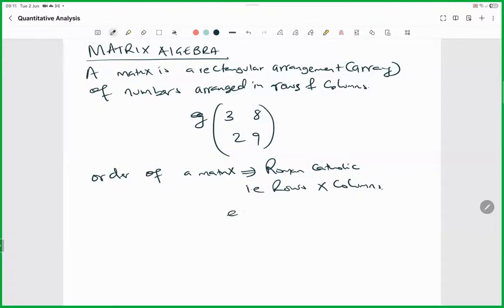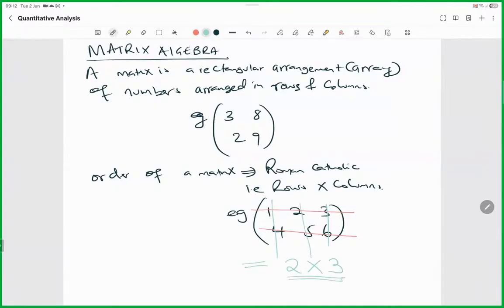For example, if you have 1, 2, 3 and 4, 5, 6, how many rows does this matrix have? Rows move across like this, row 1, row 2. Columns move downward. So columns are 3, rows are 2. The order of this matrix is 2 by 3.